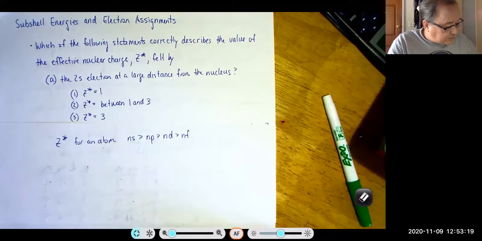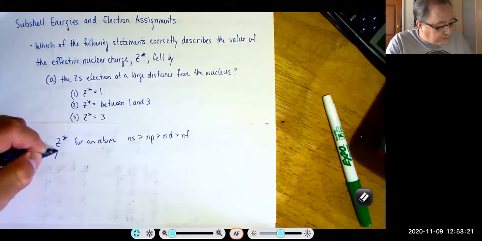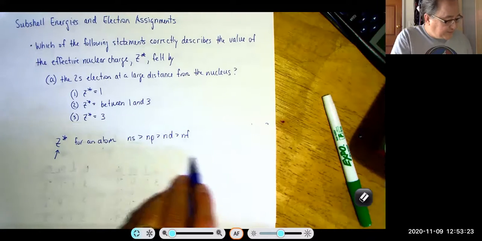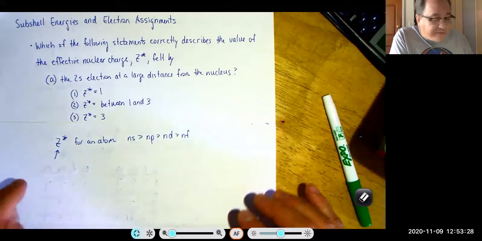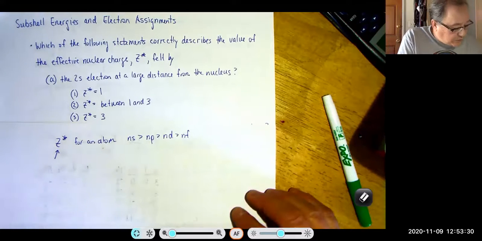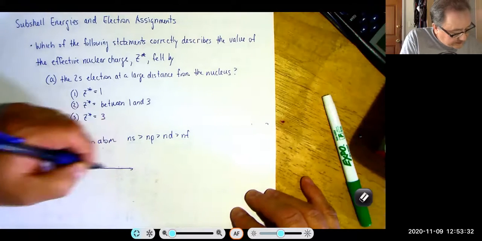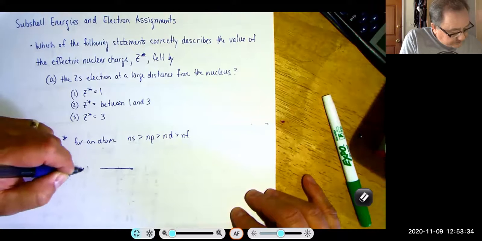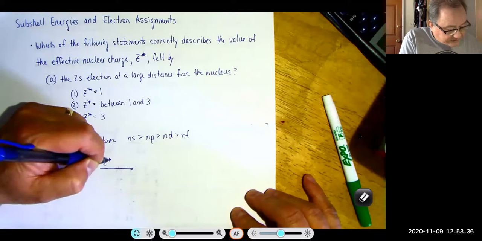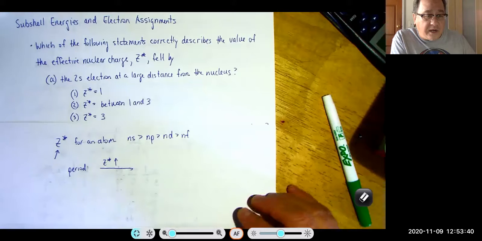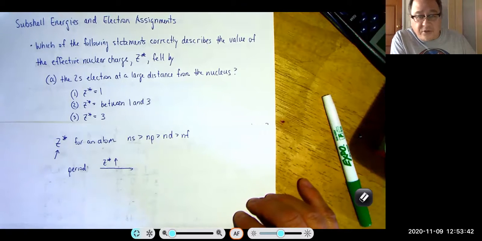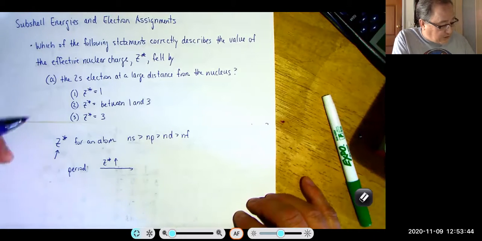Okay, so here, Z effective within an atom looks like this. What happens to Z star as you go between different atoms? In general, when you go across a period, Z star increases. Why? Because when you go across a period, you get more protons in the nucleus, which improves your Z star.